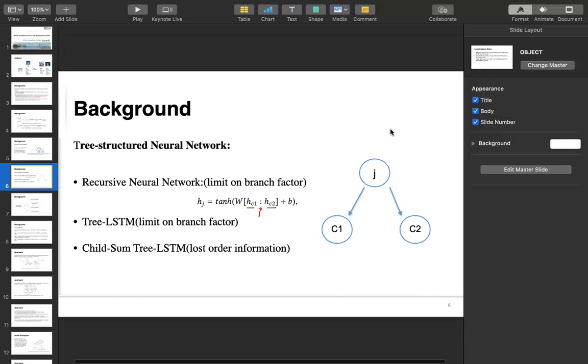So for this method, concatenating, will the dimensionality increase? That means suppose C1 has n dimensions and C2 has n dimensions, how many dimensions does J usually have?